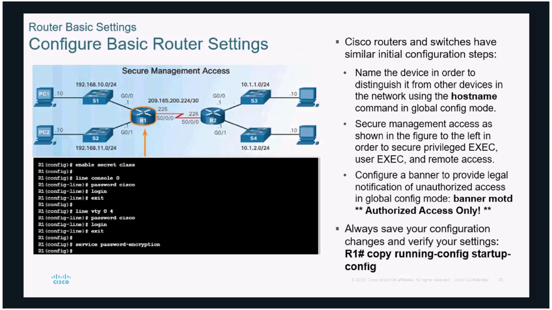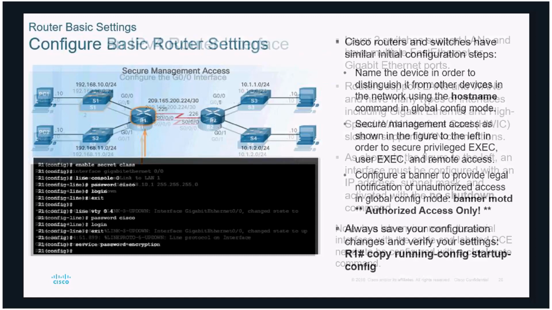Routers and switches have similar config steps: you name the device, give it secure access, configure the banner, and then save it. That's not different from what we had before. This sort of stuff should be commonly in your engineering journal. In fact, you already configured a router before. You did it in your exam.